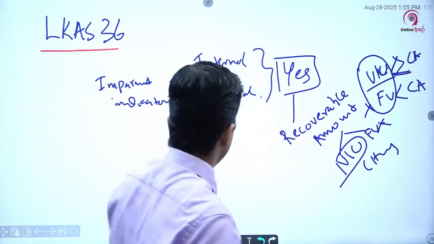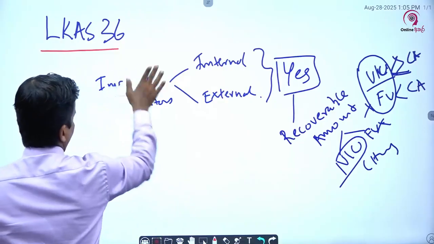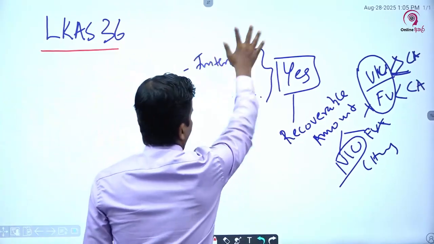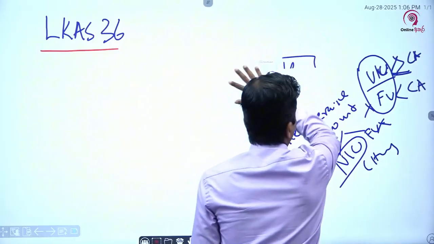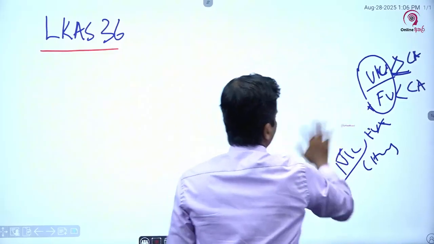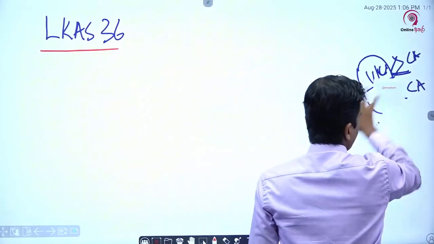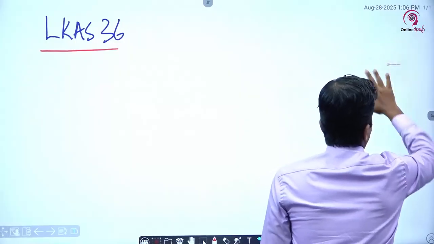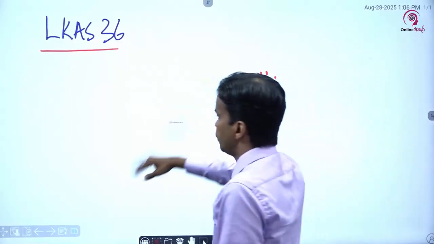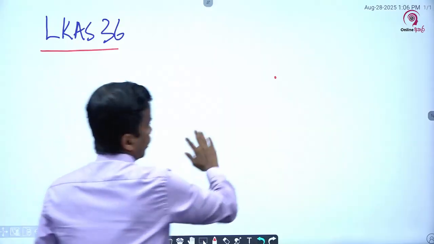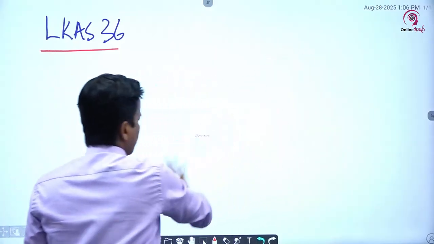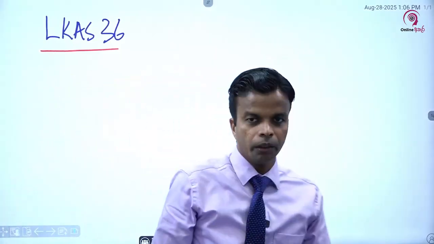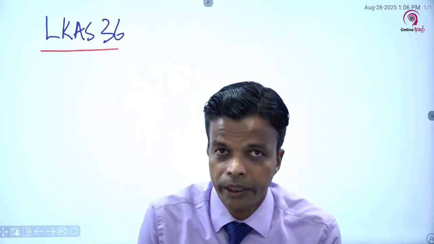However, there's another interesting area in this standard that you should understand, that is cash generating units. Certain entities have different segments, different units which generate cash flows. Now let's look at the same example, machinery, right?